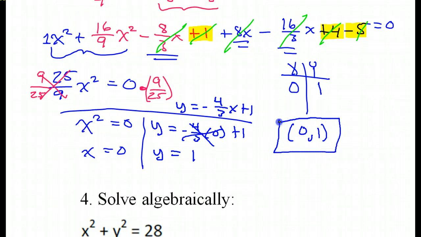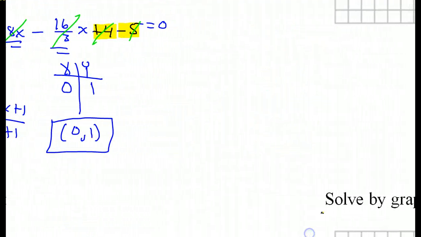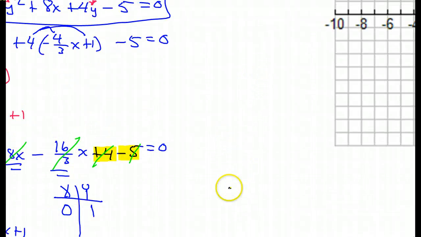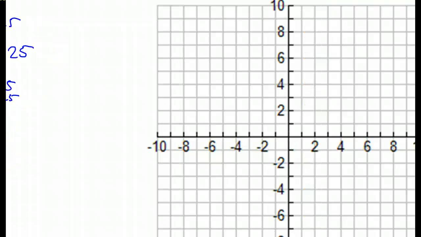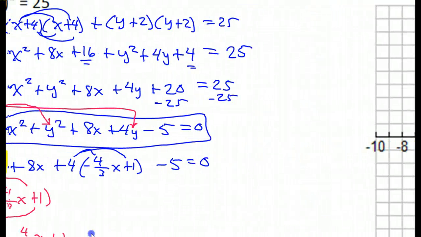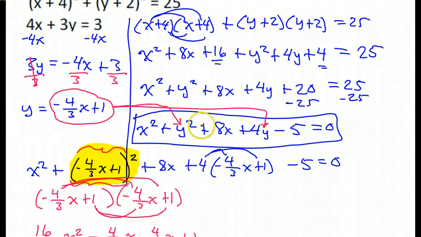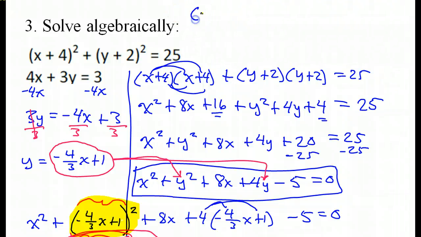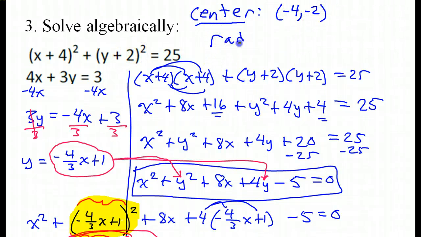Now, we're only getting one solution, which means this must be a tangent line with only the one point of contact. So let's graph it and see if the graph matches what the algebra is telling us. Looking back at the original equation, what is the center of the circle? The center is negative 4, negative 2. And what's the radius?